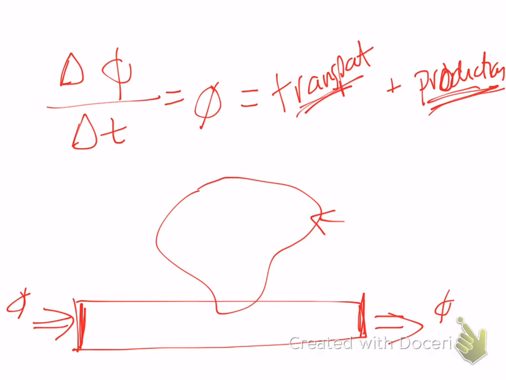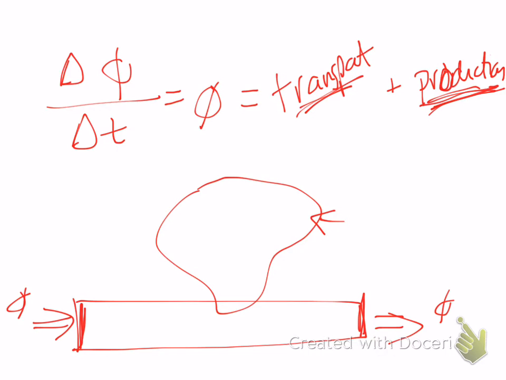If the water stayed within the sand, then we would have some negative amount of production that is a loss in the system. And we would just keep track of that. But in that particular system, we were assuming that we weren't losing any of the water to the sand.